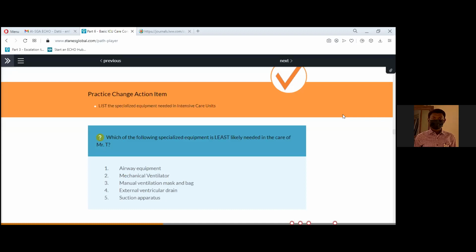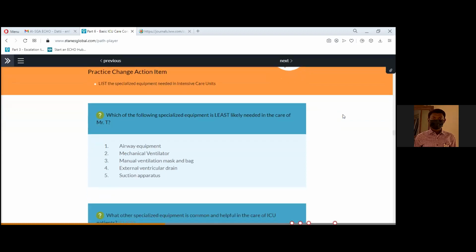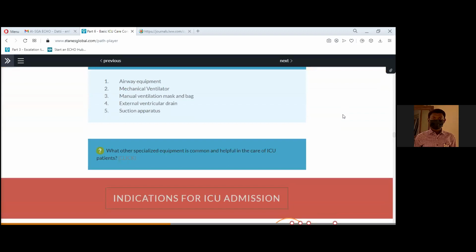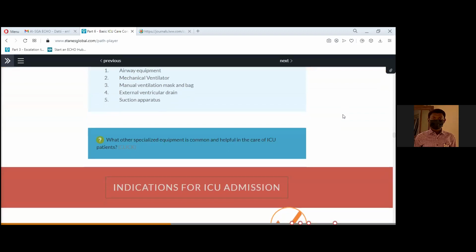Okay, can we scroll down? Okay, so now we have another question. What other specialized equipment is common and helpful in the care of ICU patients? So this is a general question.